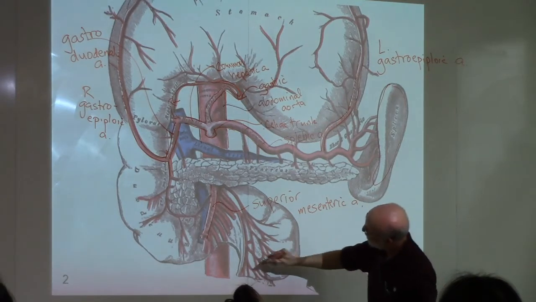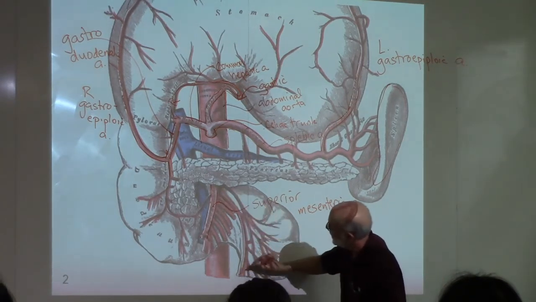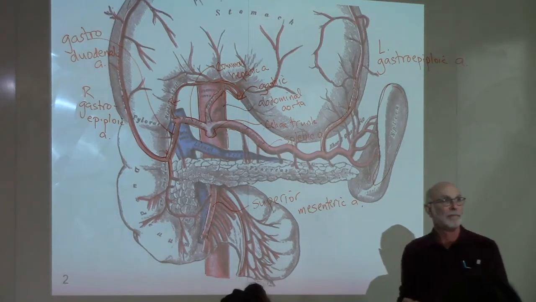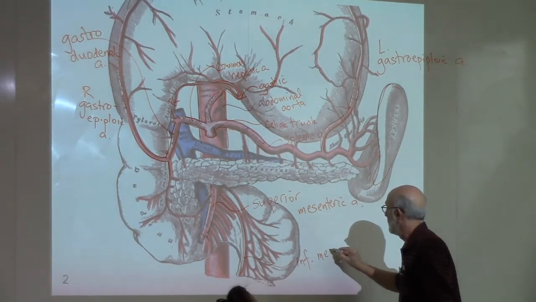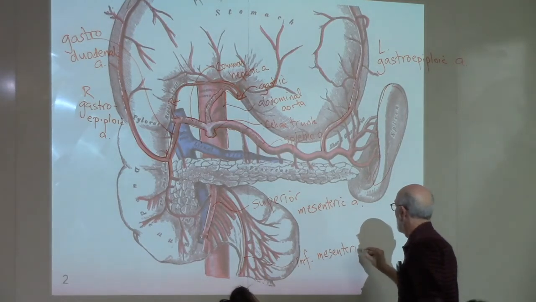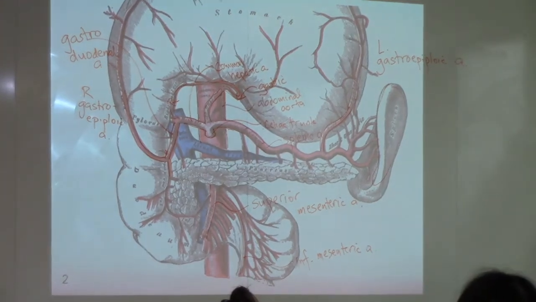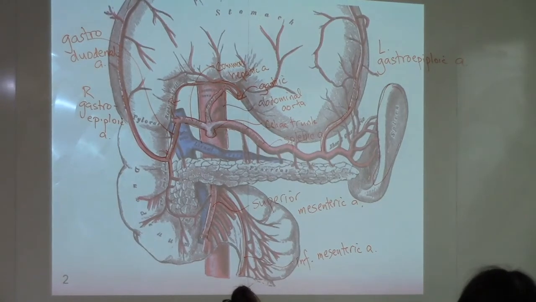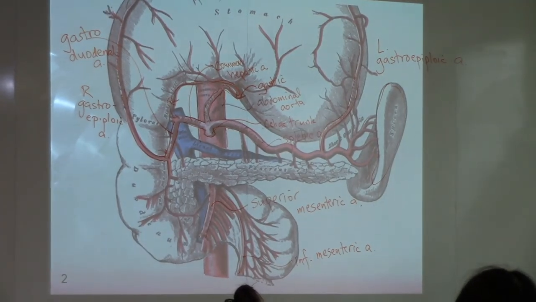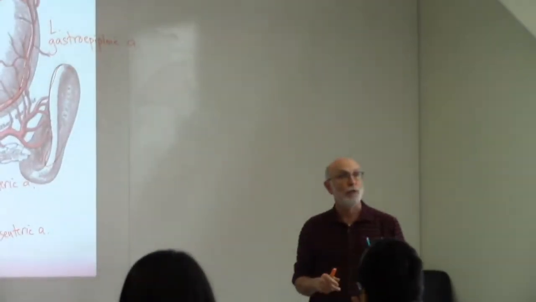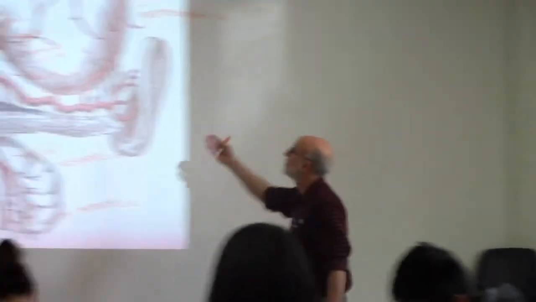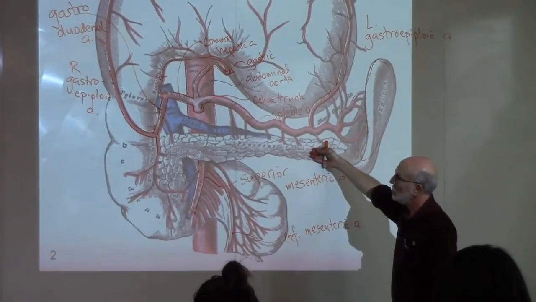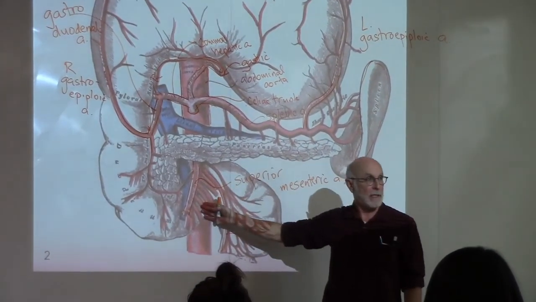And in this cartoon, I think this one would be the inferior mesenteric. And those are many of the arteries that supply blood to the stomach, the spleen, the pancreas, and the intestines.